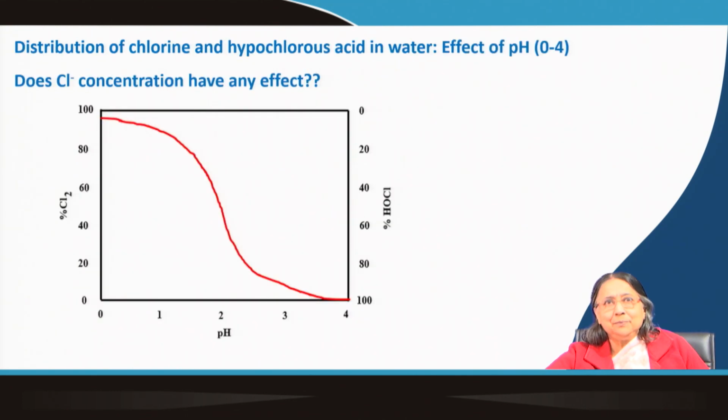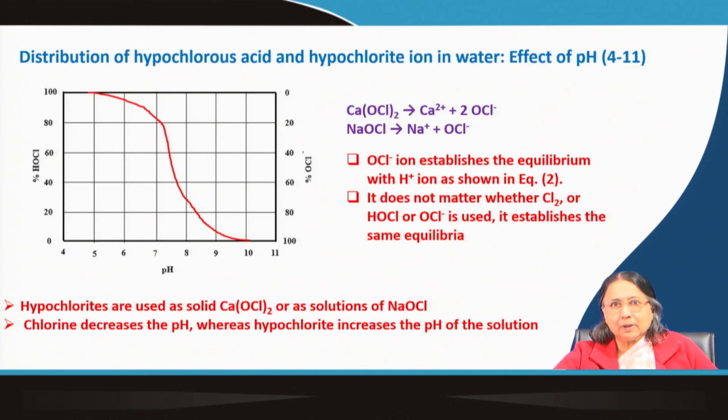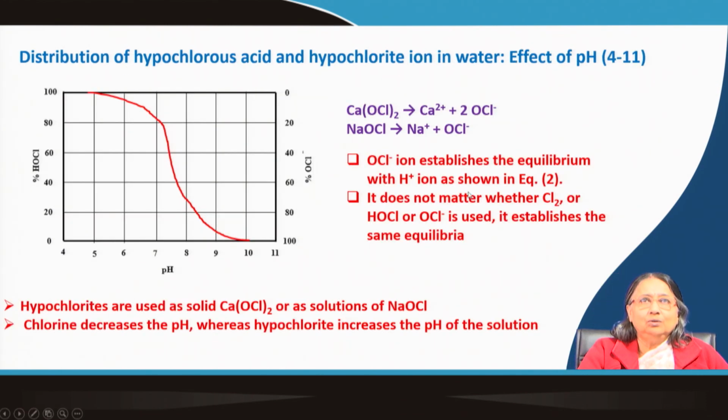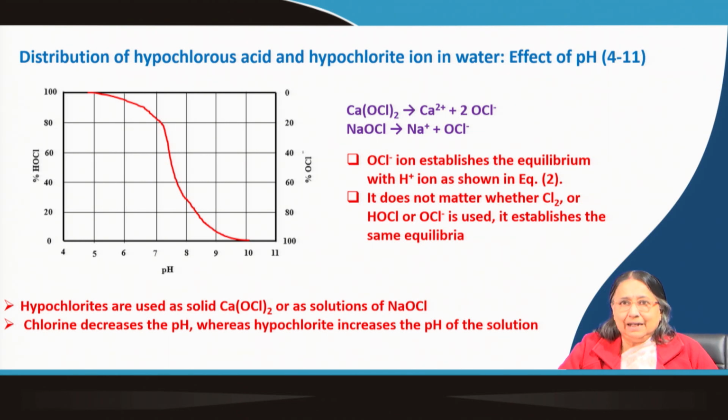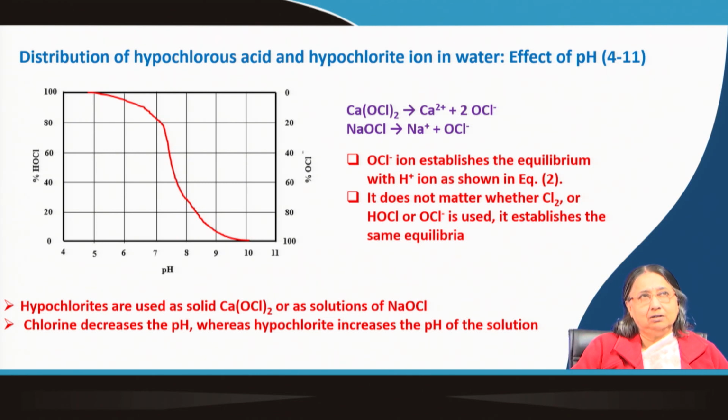So, equilibrium is like this. Here also, once you start from OCl minus, it will establish the equilibrium like equation 2. It does not matter whether chlorine or HOCl or OCl minus is used, it establishes the same equilibrium. Depending on the pH, it will vary how much proportion or concentration of which one is there.